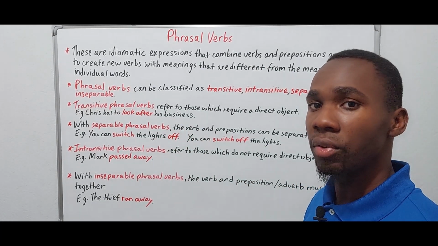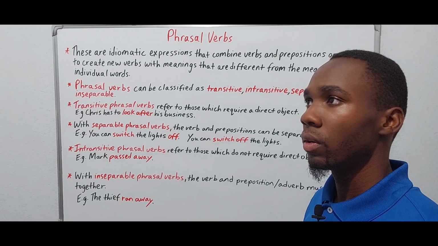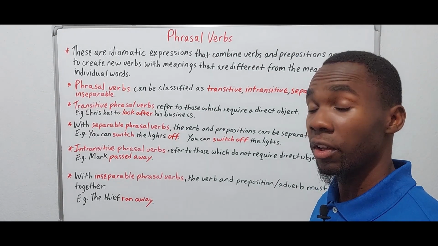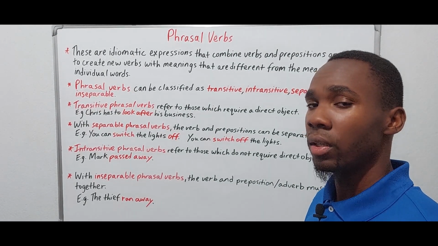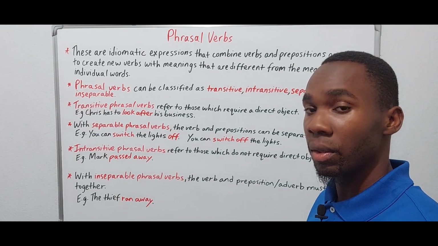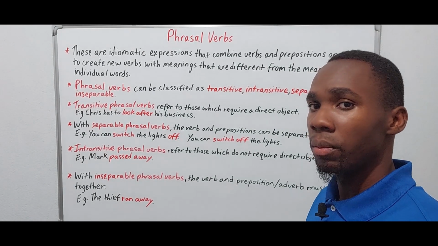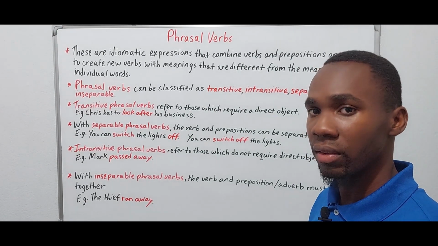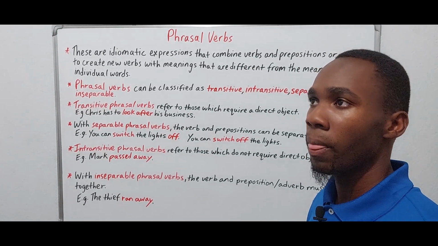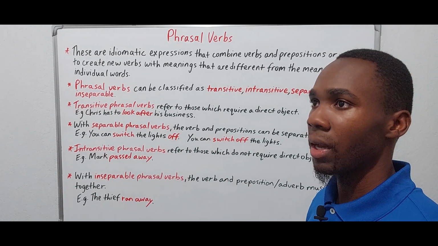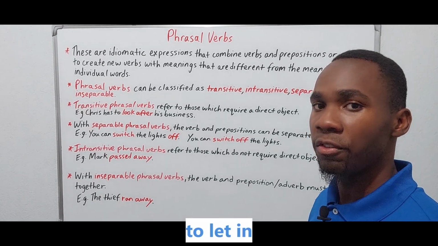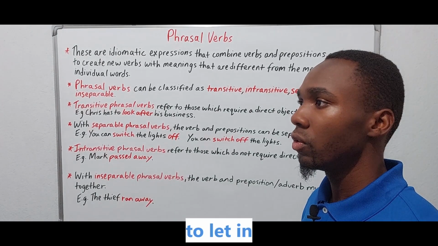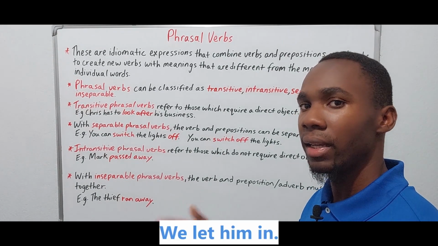However, if we're using pronouns, if a pronoun is the direct object, the pronoun must go between the verb and the preposition, right? Must, that's a must, all right? For example, the phrasal verb let in. So we have to say we let him in.